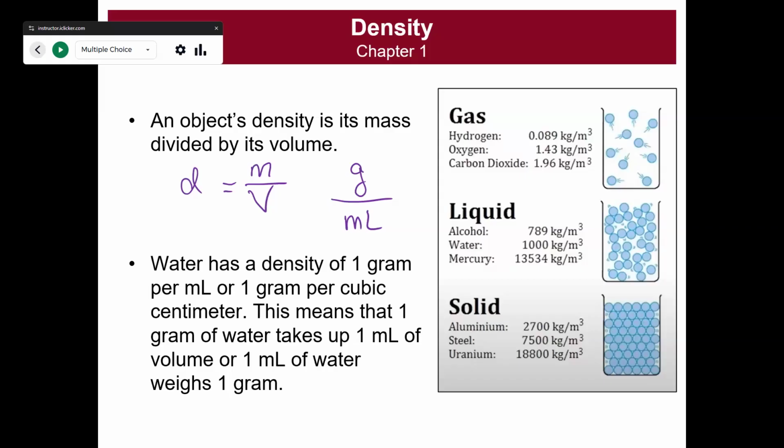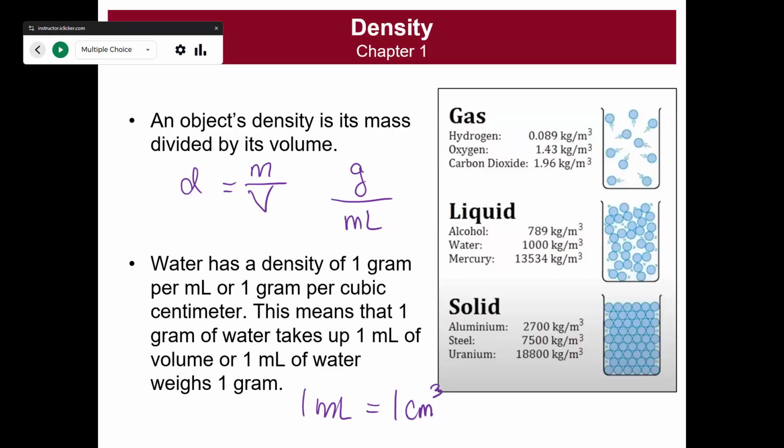Another thing that you might know or might not know is that 1 milliliter, that volume, is equal to 1 centimeter cubed, a cubic centimeter. That conversion is going to be really helpful for some different density or unit conversion problems. 1 milliliter is equal to 1 centimeter cubed. Those are the same amount, 1 and 1.